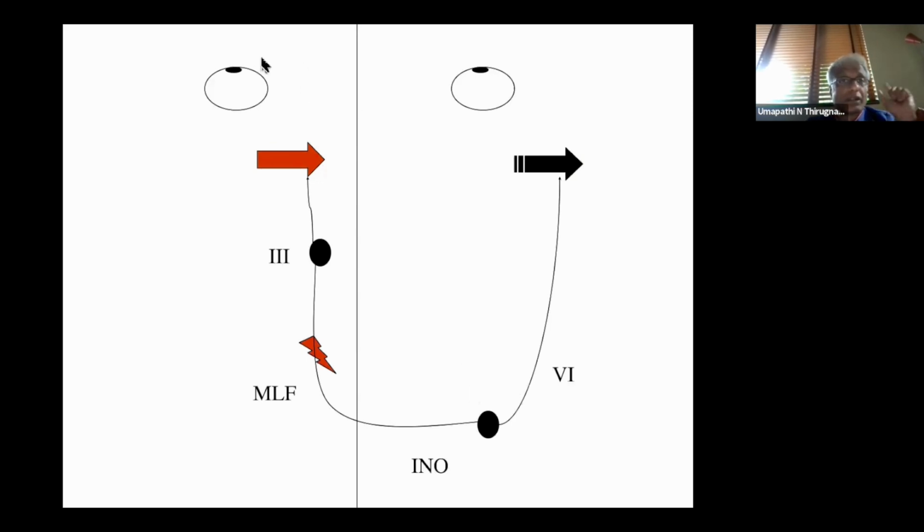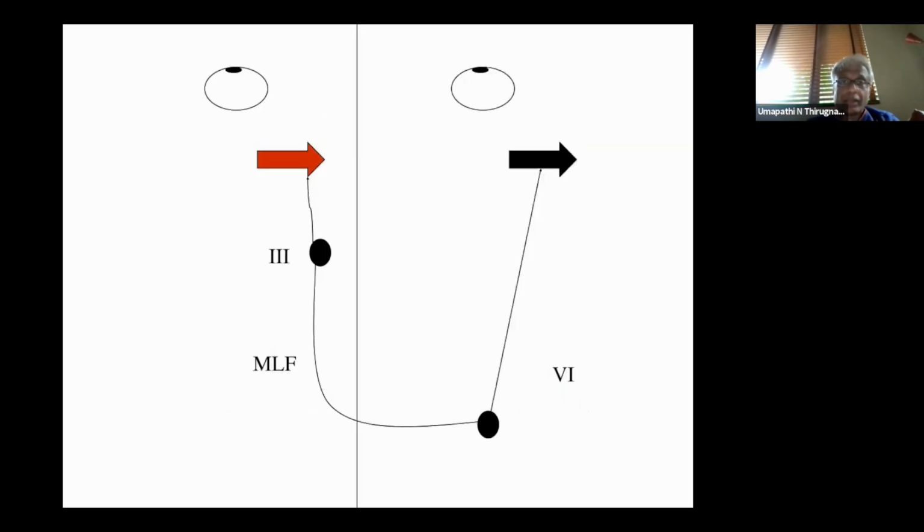Here, after you have ruled out a localized restrictive problem, neuromuscular junction problem, and cranial nerve third problem, the presence of this abducting nystagmus in the other eye, which is due to overstimulation of the intact nerve, tells you that this is most likely due to a medial longitudinal fascicular lesion, due to internuclear ophthalmoplegia.